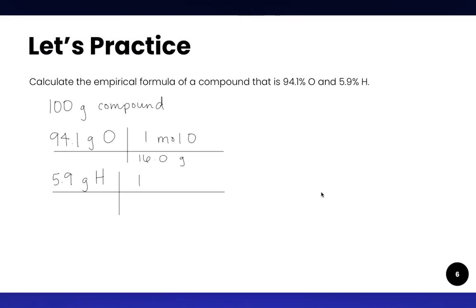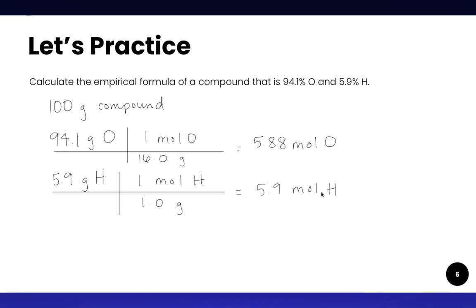And for every 1 mole of hydrogen, there are 1.0 grams. That means that there are 5.88 moles of oxygen and 5.9 moles of hydrogen.